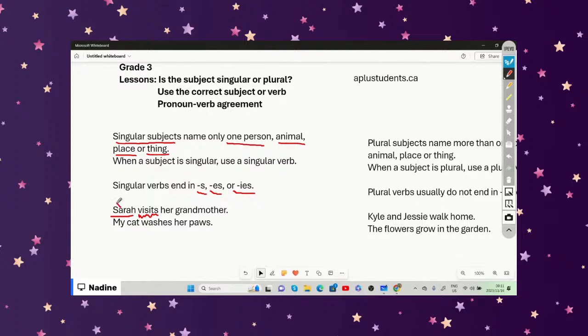So this is the singular subject, and visits is a singular verb. Her grandmother basically tells us what Sarah does. So Sarah, she visits her grandmother.